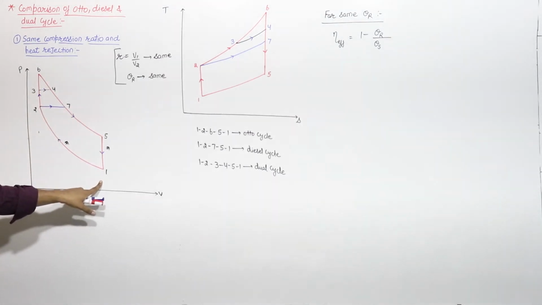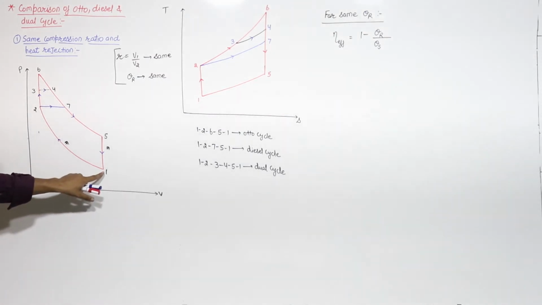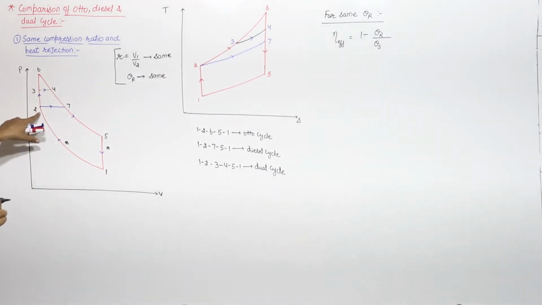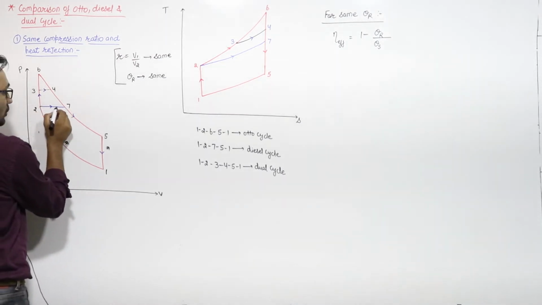Now we have to draw the diesel cycle. For the diesel cycle, 1 to 2 will be same. Now in the diesel cycle we have a constant pressure heat addition, so the constant pressure line will be this one, 2 to 7.